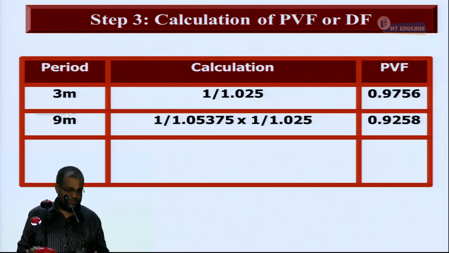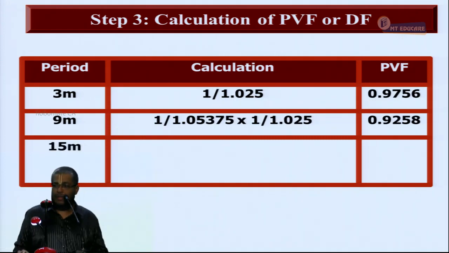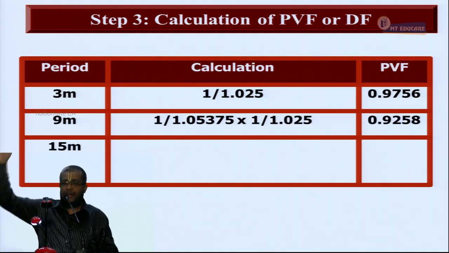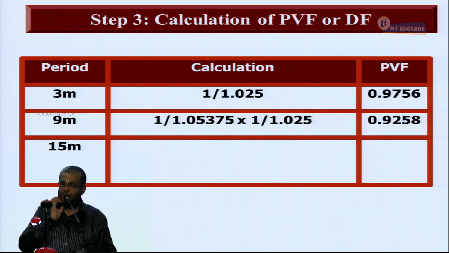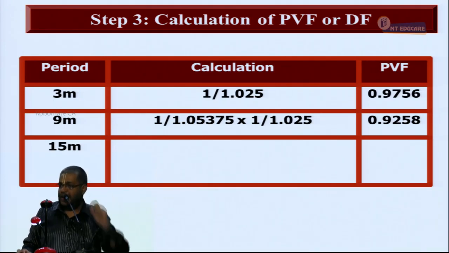Now the 15th month. What is the interest rate I should use to bring the 15th month to the 9th month? 11.75%, divided by 2 is 5.875%.